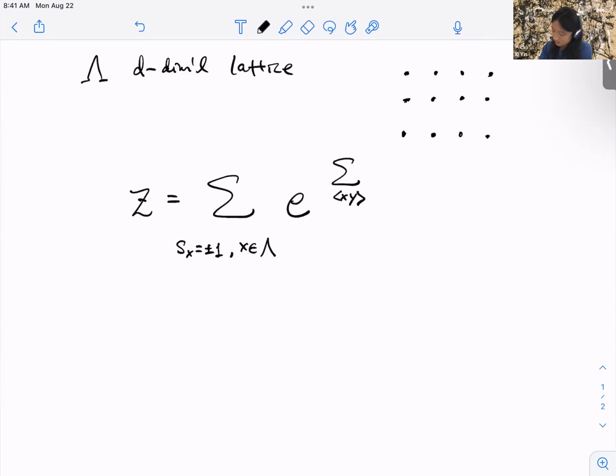The bracket x, y means they're nearest neighbors on, let's say, the square lattice, but one could in principle generalize this to other lattices, honeycomb, whatever. But I'm going to be considering the square lattice in 2D and the cubic lattice in 3D.